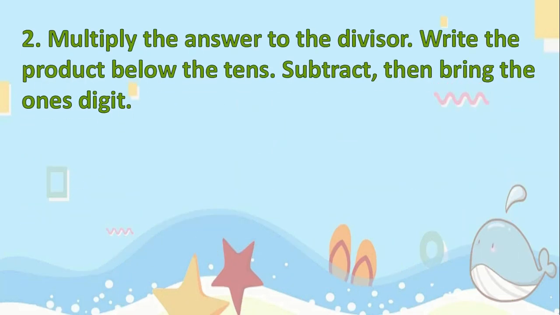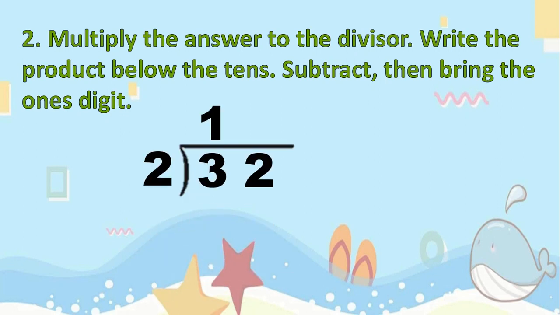Then the second step is you will multiply the answer by the divisor. You will write the product below the tens and then you subtract. Then bring down the ones digit. So 3 divided by 2 is equal to 1.